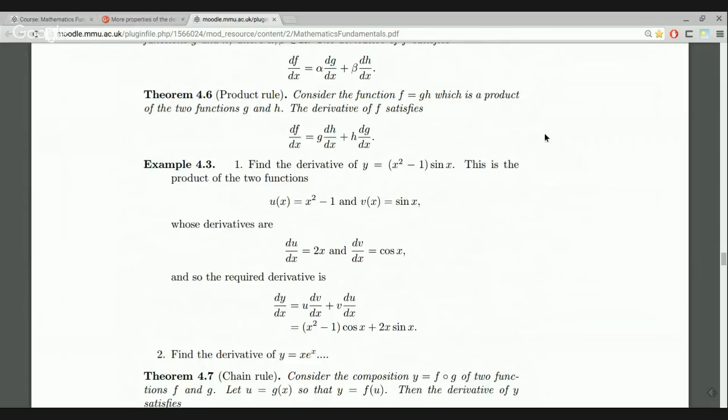And we're going to take the derivative of this, y. Now the top level operation here is this multiplication. So I can apply the product rule, because here I have a product of this function u multiplied by this bracket here.